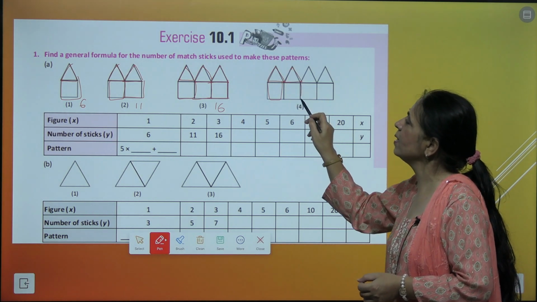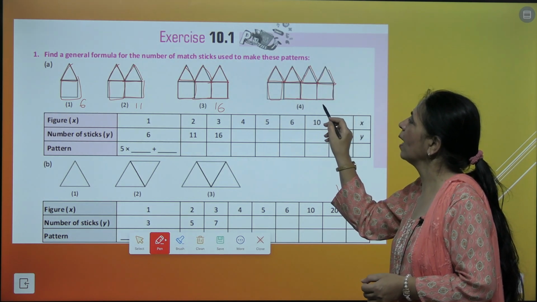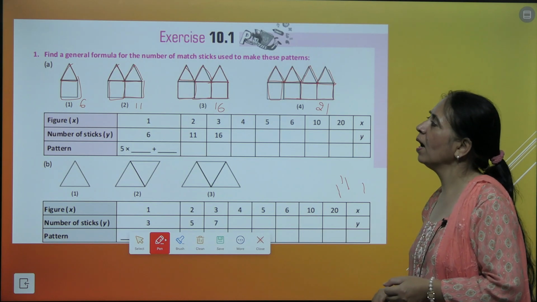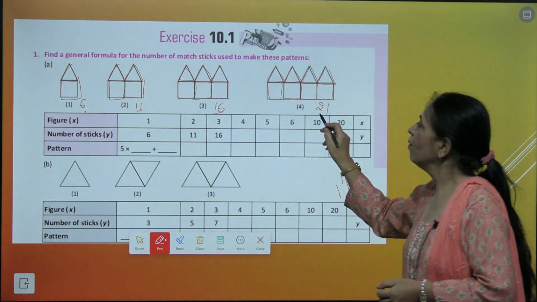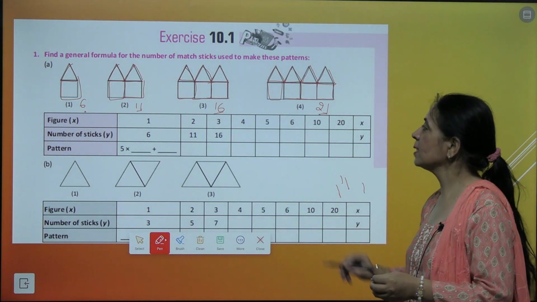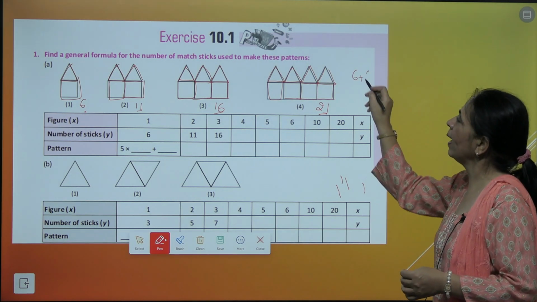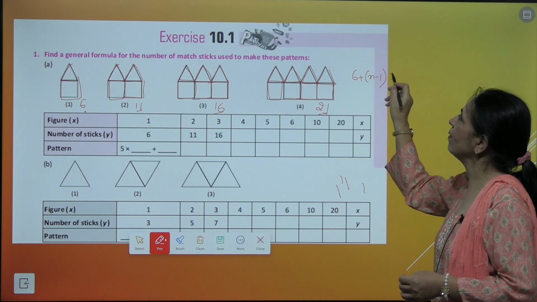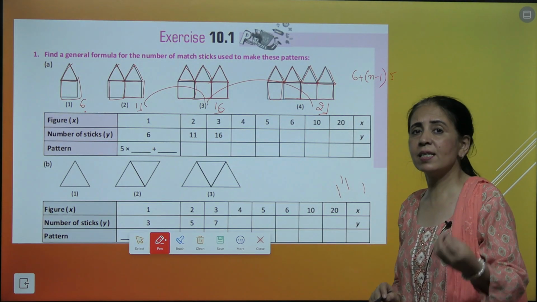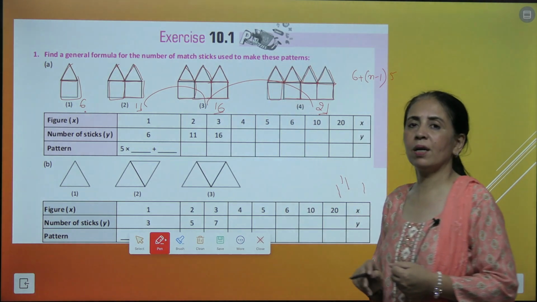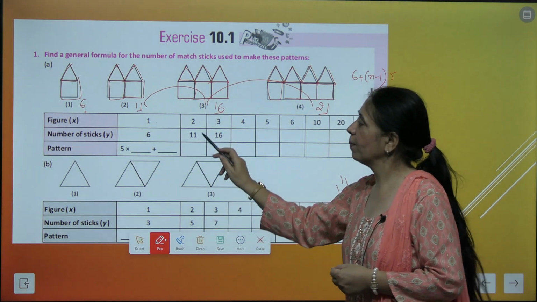Then we have 9, 10, 11, 12, 13, 14, 15, 16, 17, 18, 19, 20 and 21. तो हमने ऑब्जर्व किया कि 6 में +5 हुआ, फिर +5 हुआ, फिर उसके बाद फिर +5 हुआ, दैट मीन्स आपका 6 तो हो गया कांस्टेंट. एंड कितने ट्राइंगल्स बने, उसमें हमने n-1 करके और 5 से मल्टीप्लाई किया. ओके, तो हर बार 5 स्टिक्स ऐड हो रही हैं एवरी टाइम व्हेन यू इंक्रीज द शेप.